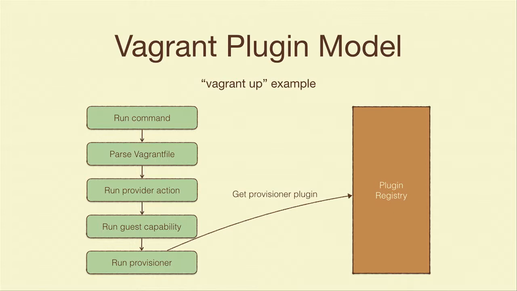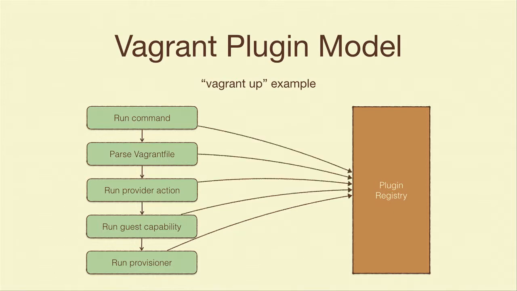So at this step, Vagrant again requests the plugin registry to provide the implementation of the concrete provisioner, the sufficient provisioner component from the plugin model. So as we see, all the steps are related to communication with the plugin registry. No plugin requests some other plugin directly. All communication proceeds through the plugin registry.